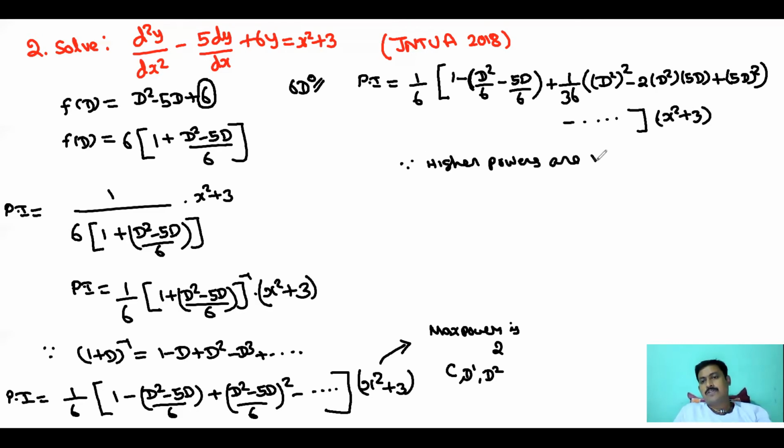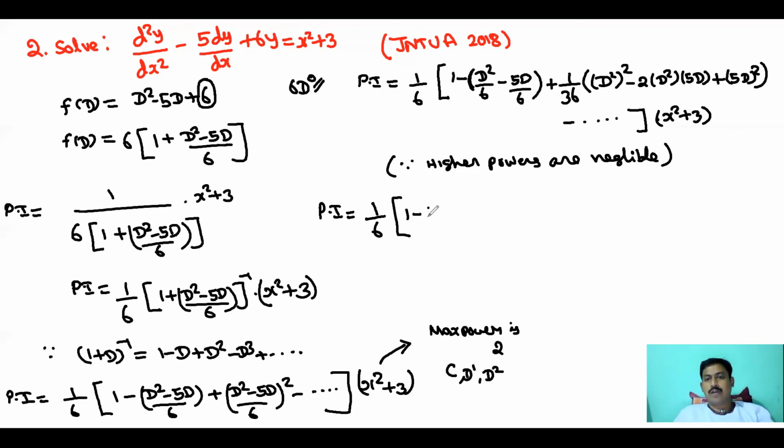Since higher powers are negligible, we can write our PI as 1 by 6 into 1 minus, as already told, constant will come, D will come, D square will come, other than that won't come.